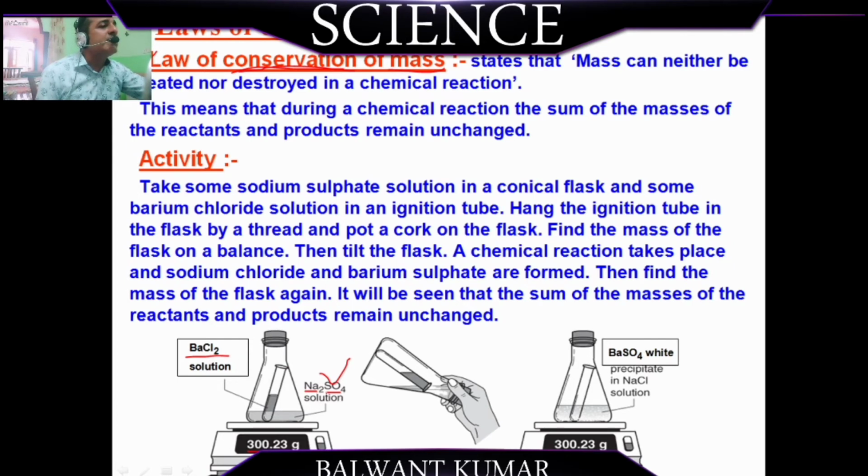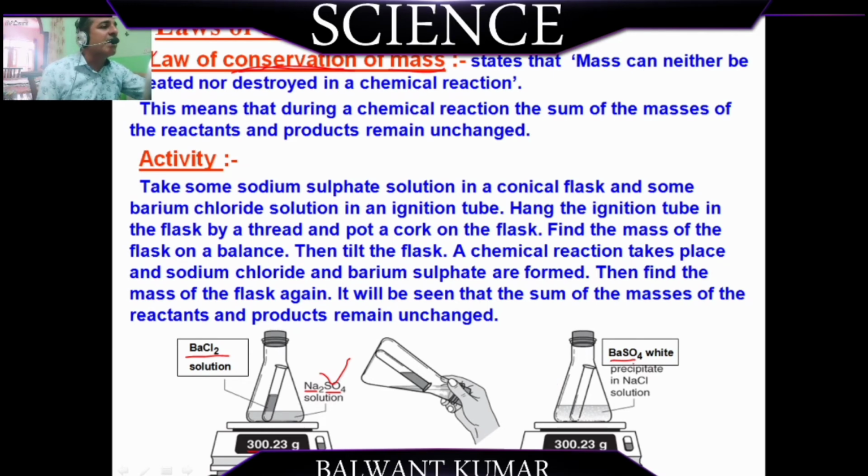Earlier it is sodium sulfate, means the sulfate ion is attached with a sodium ion, and the chloride ion is attached with the barium ion. But after the reaction is over, sodium will become attached with the chloride ion and the sulfate ion will get attached with the barium ion. There will be mutual exchange of the two ions between these two reactants, and the new products get formed.